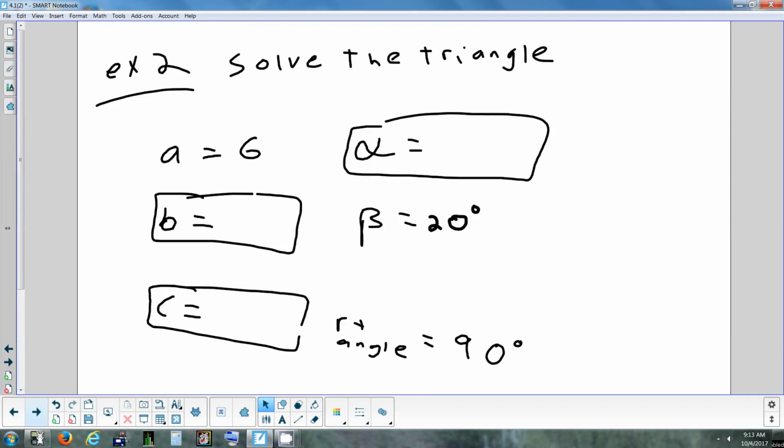Okay, what type of problem is this? Are they giving me a side and an angle, or are they giving me two of the sides? Ashley? Yep, it's the same as the last type. They're giving me a side and an angle. Okay, so take a minute, or maybe 2-3 minutes, and see if you can solve that.